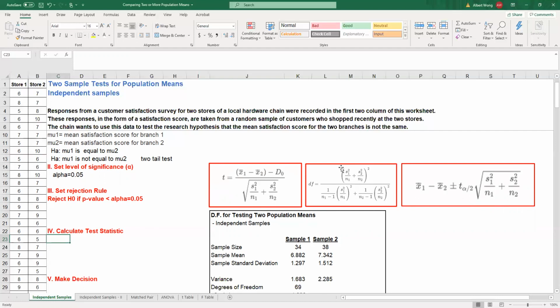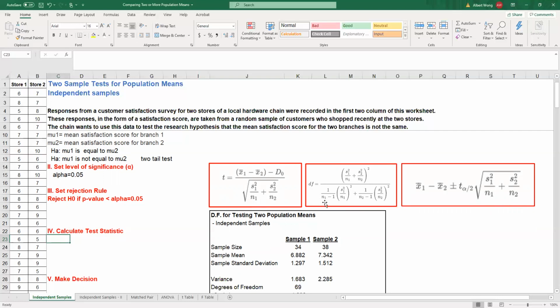So you can see that this is the approximated degree of freedom. It involves S1 squared, which is the sample variance, N1, which is the sample size from sample 1, S2 squared, N2, and then you square it, and then you have all these things. So it is probably best to use an Excel formula to help you in doing the calculation.